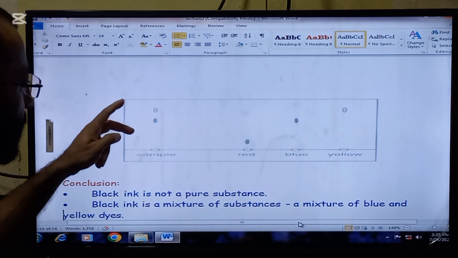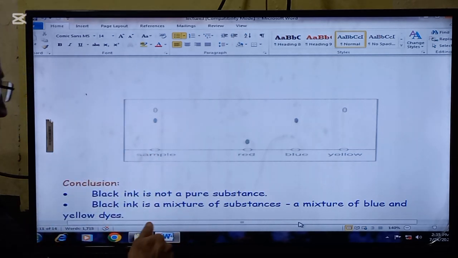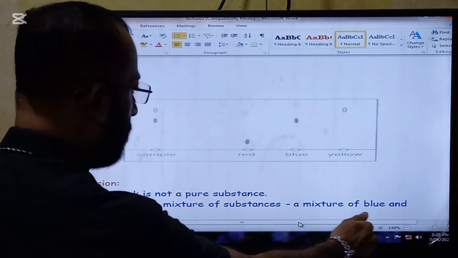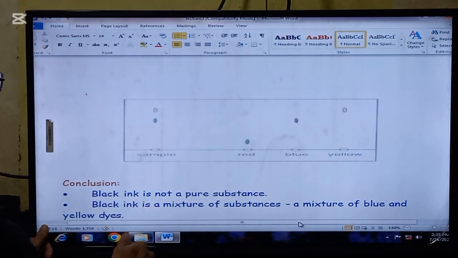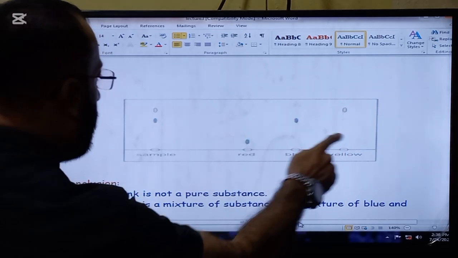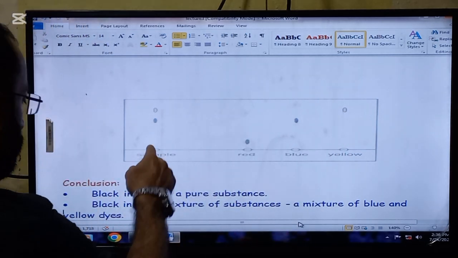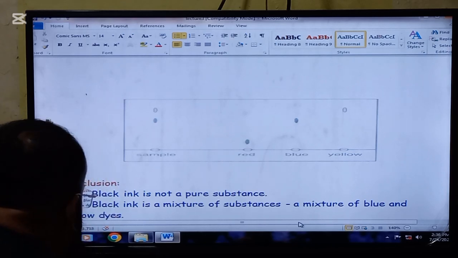So it means there are 2 solutes in the sample. Black ink is a mixture of the blue and yellow dyes. So these spots will be like blue and yellow dyes. So there are 2 solutes in the sample. This is not pure.